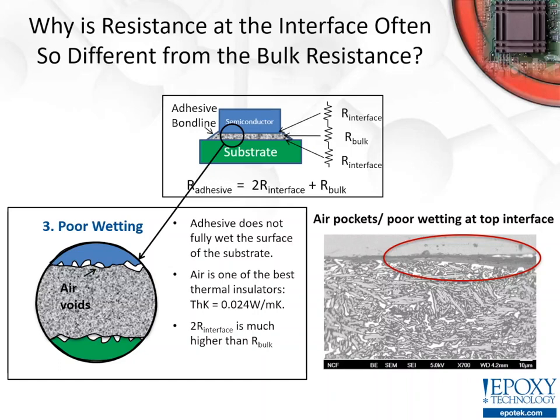To then apply it to a substrate and die, you can have little voids, little air gaps that don't get filled in with the material. Again, air is a terrible thermal conductor, one of the best insulators there is. So again, you're going to have a large resistance at the interface that the bulk epoxy just can't make up for.